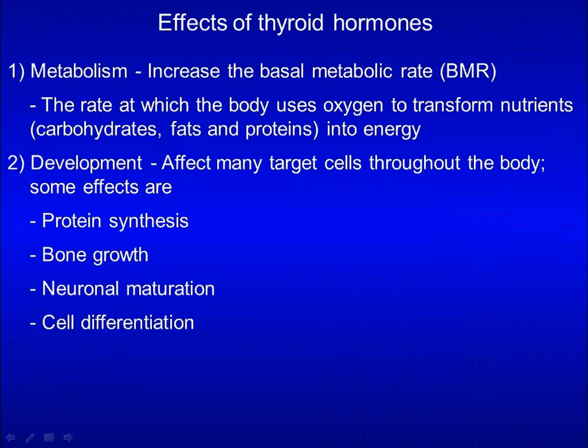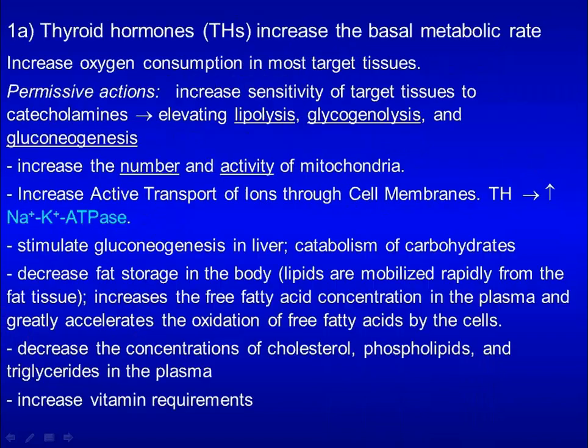They also affect many target cells throughout the body. They affect protein synthesis, bone growth, neuronal maturation, and cell differentiation. Thyroid hormones increase oxygen consumption in most target tissues. They increase sensitivity of target tissues to catecholamines.